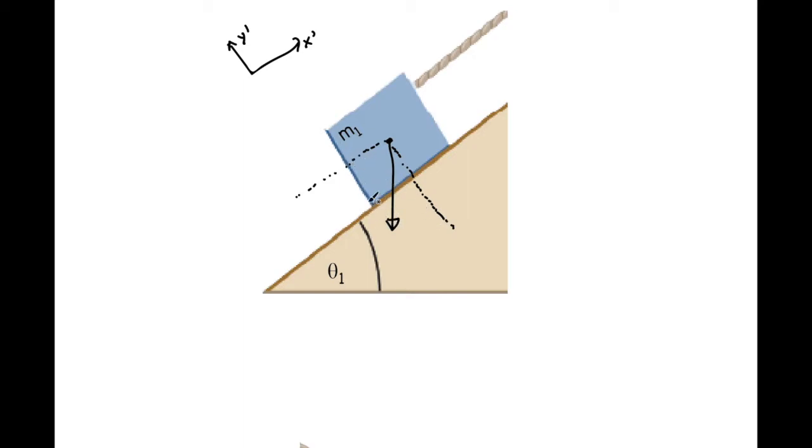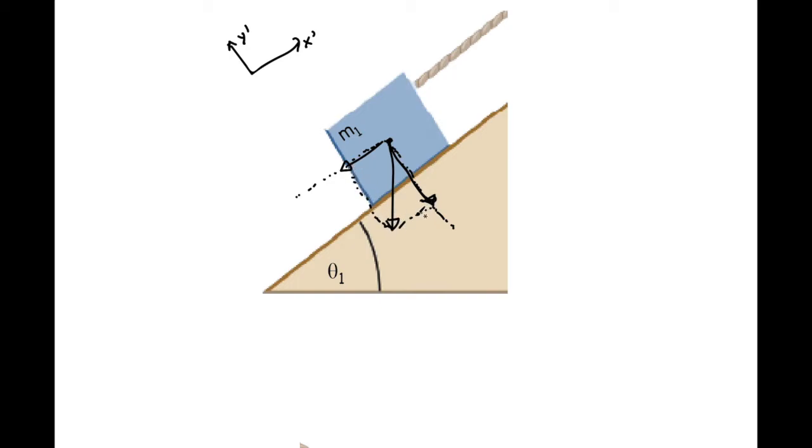So this has a component like this and a component like this, right? These two vectors would add up by vector addition to give this vector.